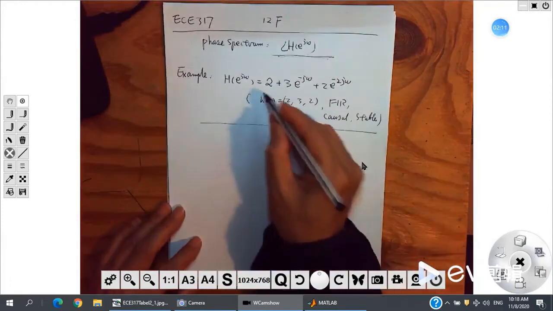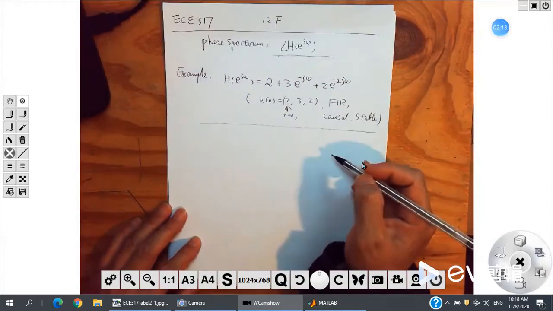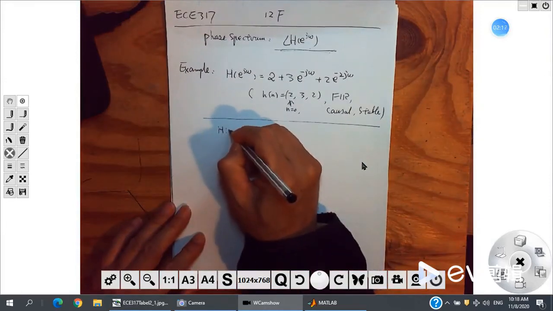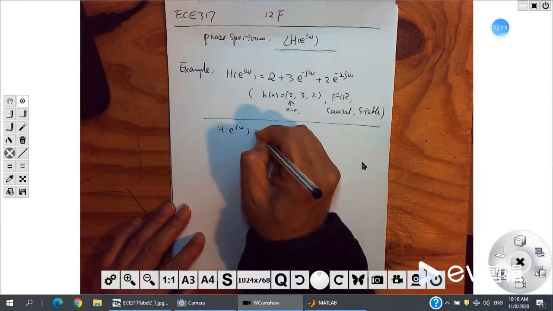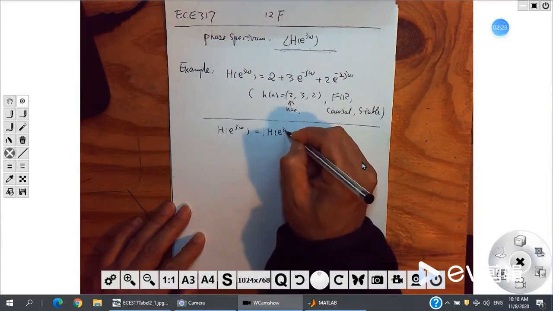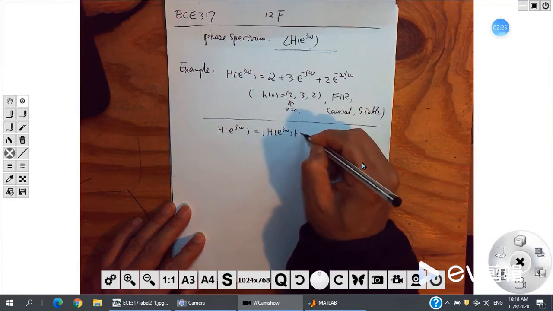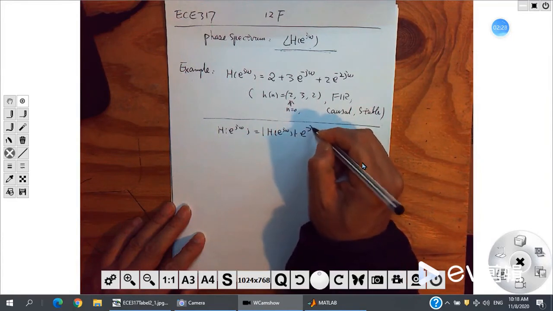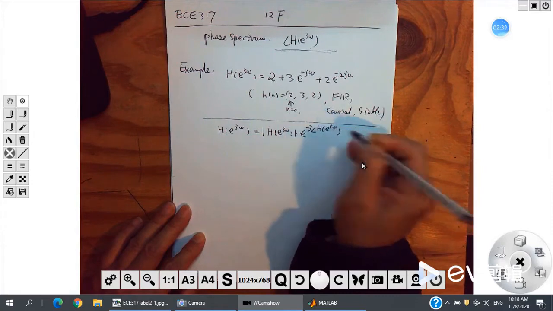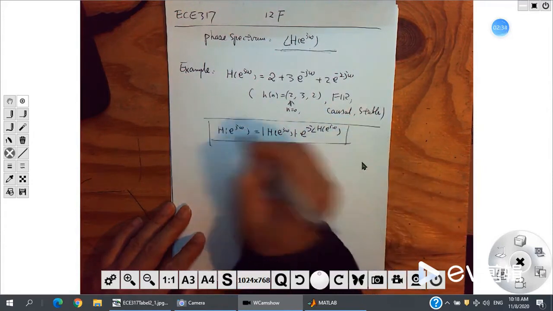Then what is the phase angle? To write it in terms of a phase angle, you should know H(e^jω) equals the magnitude times e^j times the angle of H(e^jω). So you want to know this part.